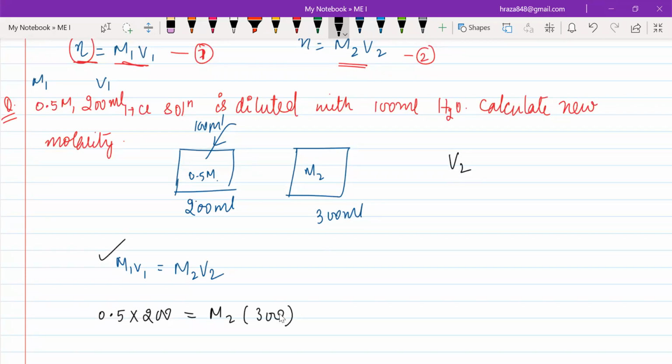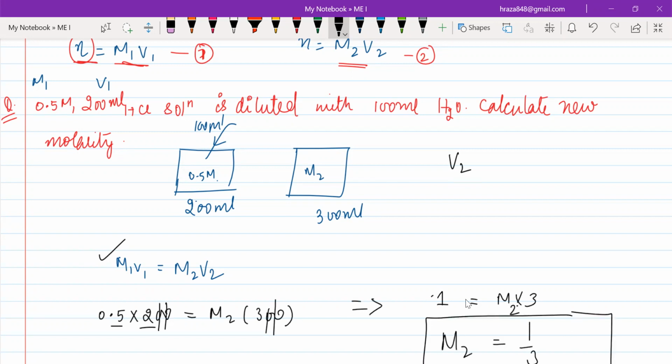Yes, very good. Then it is correct. The 0s will be cancelled. 0.5 into 200 will be equal to 0.5 into 2, 1 will be equal to 3 into M2. So M2 will be equal to 1 by 3, so it will be 0.333.